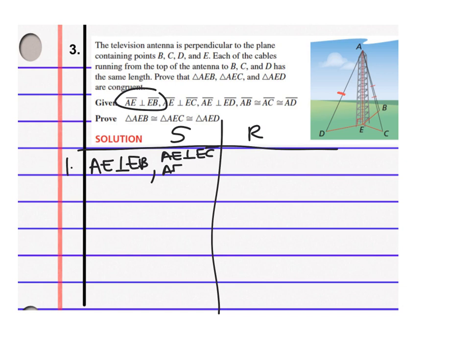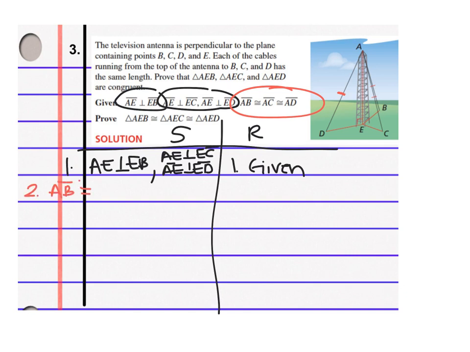And AE is perpendicular to ED. So I'm just doing all these right here, and that was given. I'm also going to do the next line right here. AB is congruent to AC, and I'm going to have 3 because I'm proving 3 triangles are congruent, and that was also given.